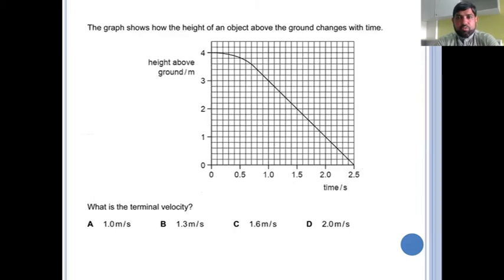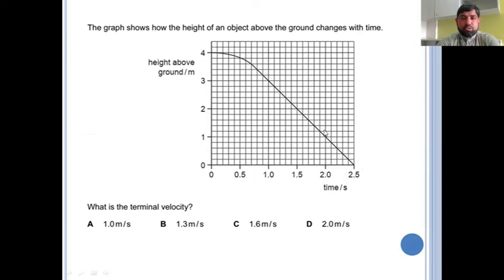The graph shows how the height of an object above the ground changes with time. What is the terminal velocity? You can see here at first a horizontal line, it means it was starting to accelerate. And then the part where we have a constant inclined straight line.